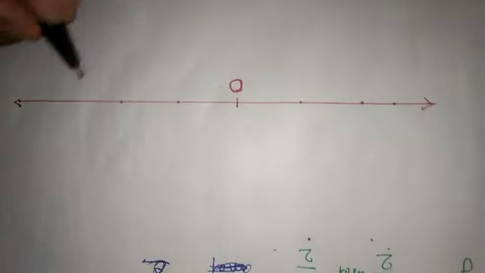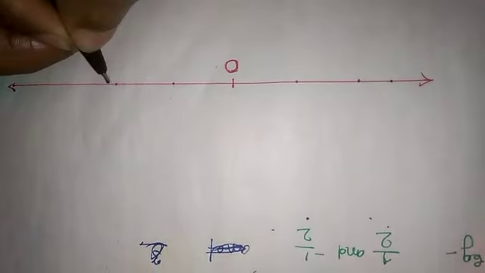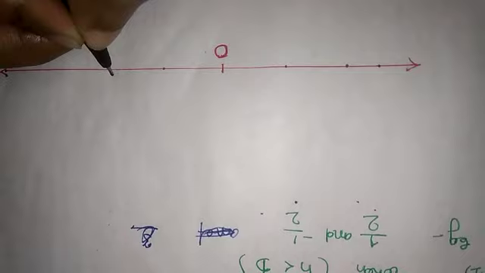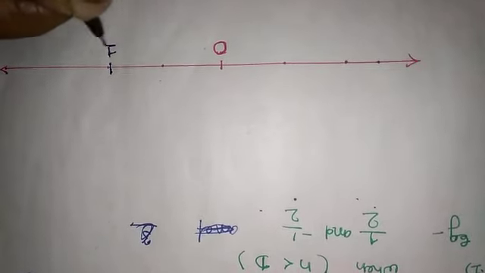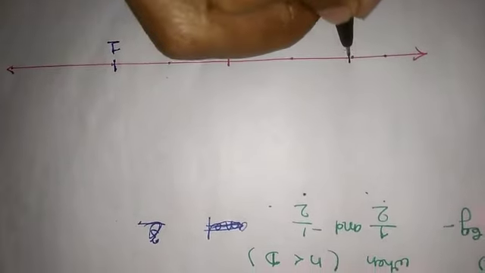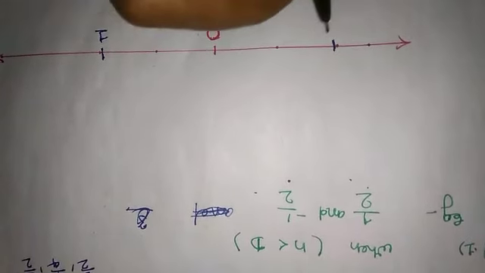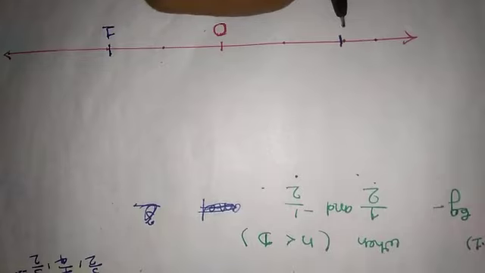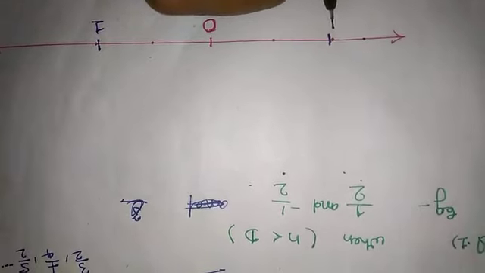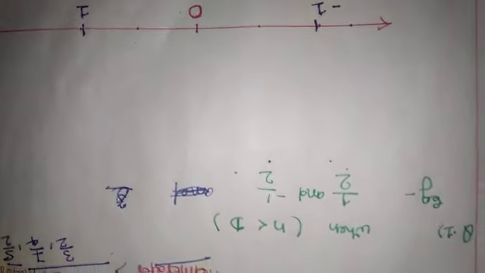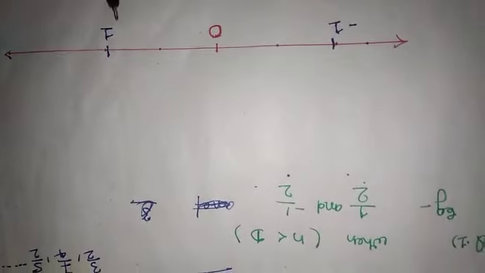So first we draw a number line and mark 1 at a fixed distance. We remember it should be at a fixed distance. This is -1. Why do we take 1 and -1?